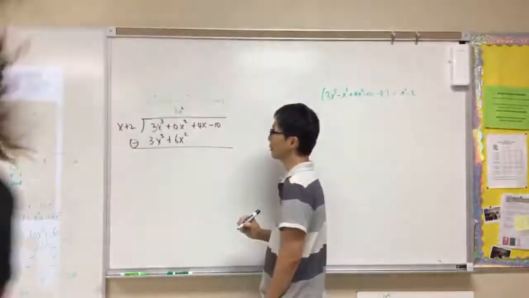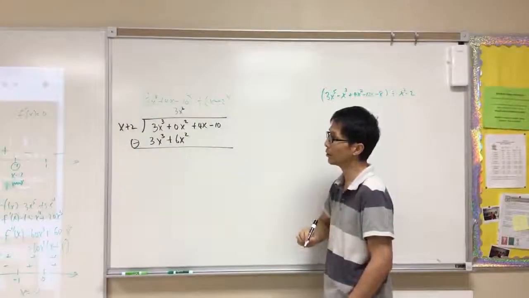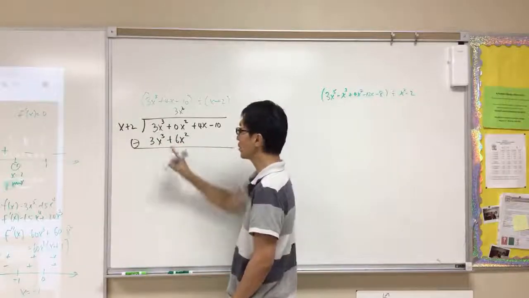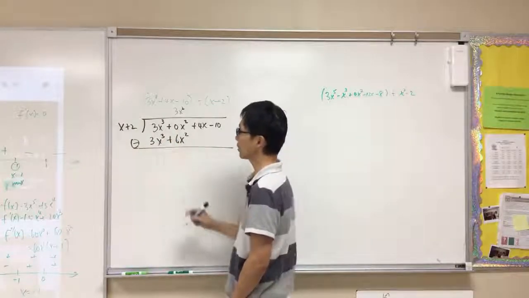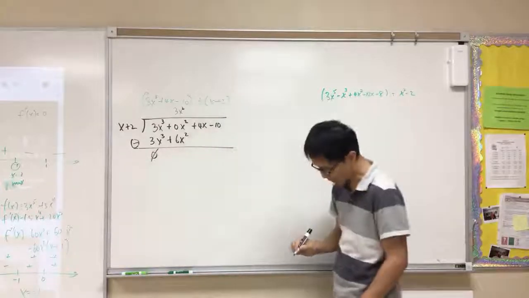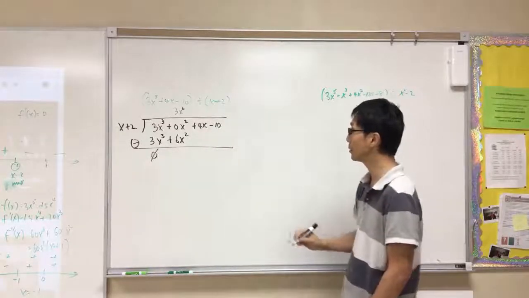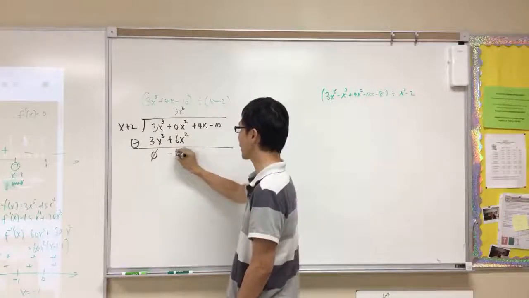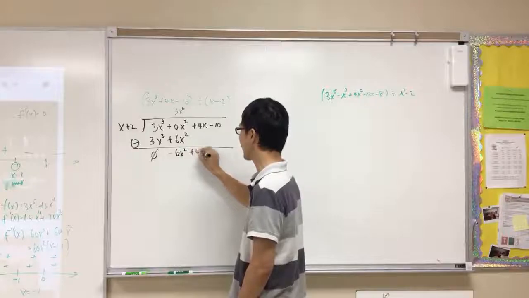Now I do it a little bit different than other teachers. I just tell students to go through the circles here. So it'll be 3x cubed subtract 3x cubed. This part is going to give me 0. That's your goal, to make sure that's 0. Here is going to be subtracting, so that's going to give you -6x squared plus 4x.